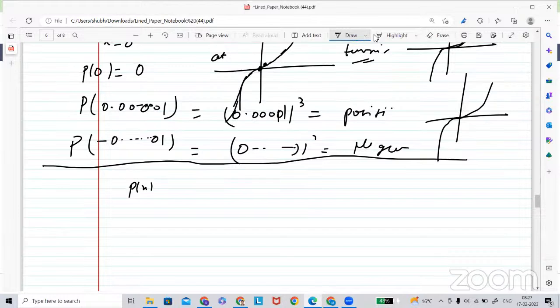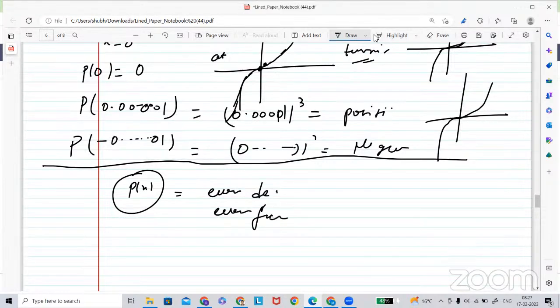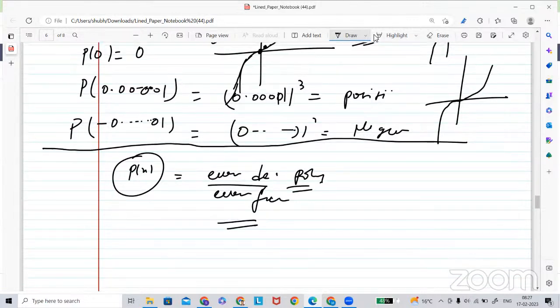Even degree polynomial and even function are different terms. I was asking earlier whether, if it is an even degree, we call it an even function, or not.